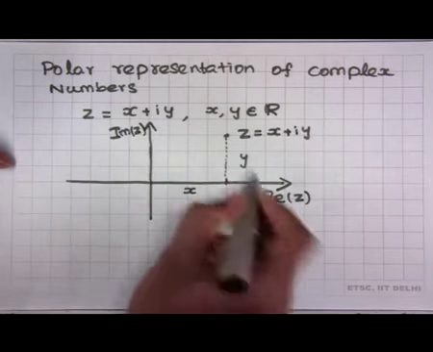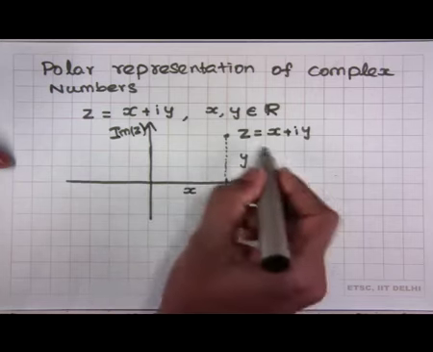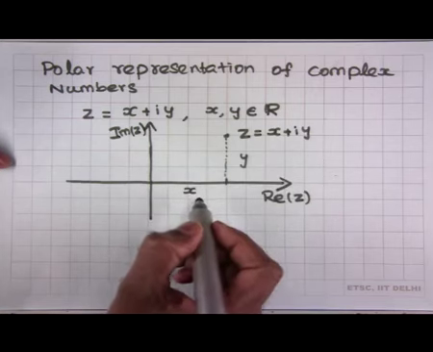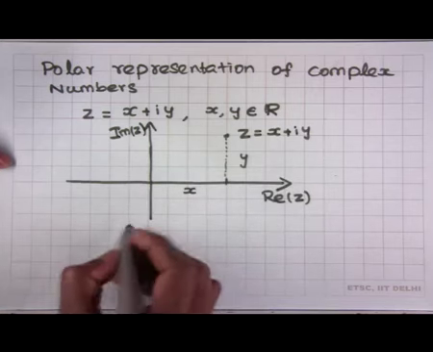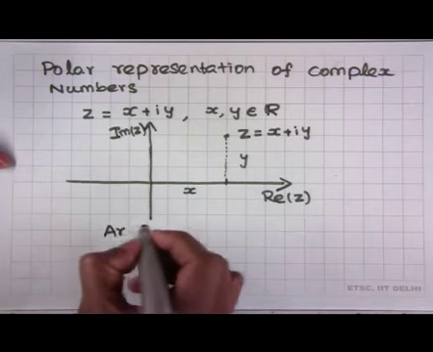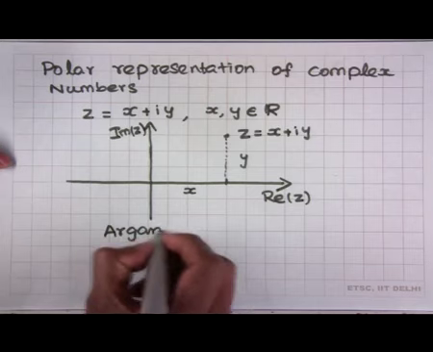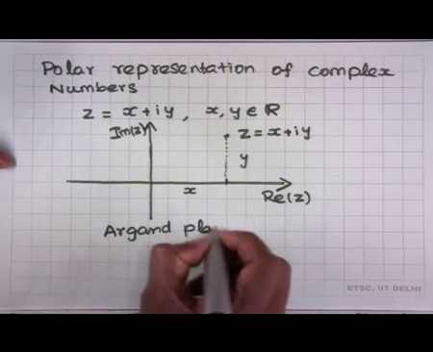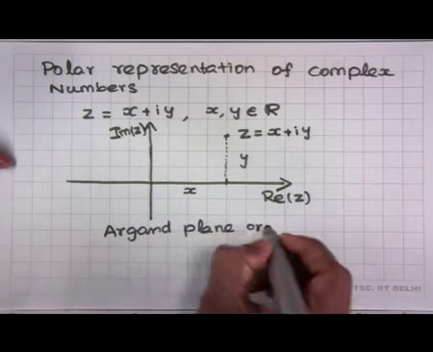And now in this plane, for each point we associate a complex number, and such a complex number plane is called the Argand plane or complex plane.